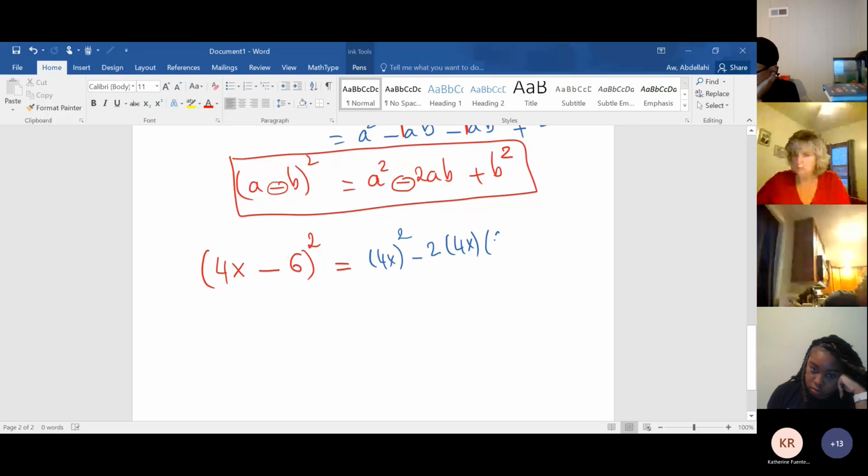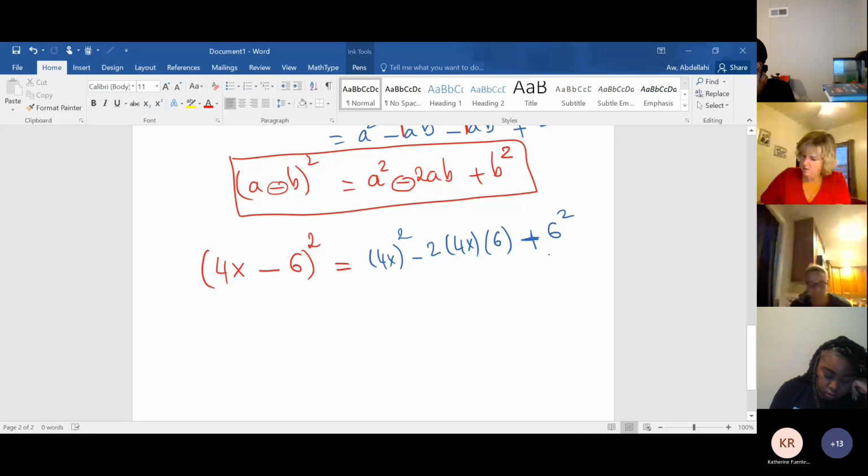Exactly. Thank you. How about the last one? Plus what? It's going to be a plus. Which one do you have to square now? 6 squared. Exactly. It is a plus. It's not a minus. The only spot where you have minus is in the middle, right?